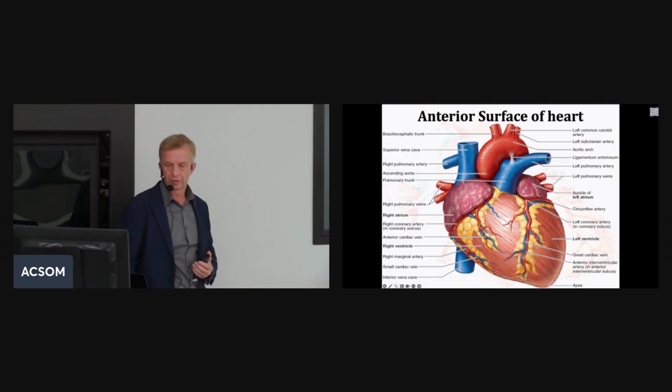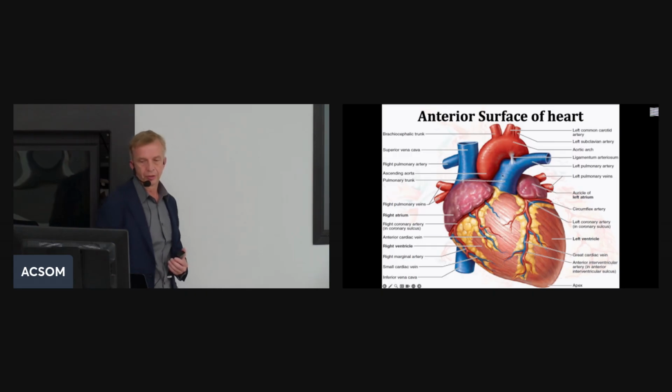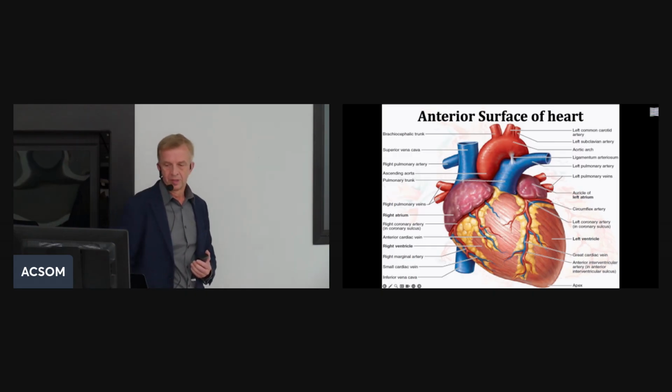The right ventricle, we talked about it. There is a pulmonary artery which divides into the left and right. This is the main pulmonary artery or pulmonary trunk, which divides into the left and right pulmonary artery, and it's anterior to the aorta. The aorta with the aortic arch and the branch vessels carry the blood to the brain, the head and neck.